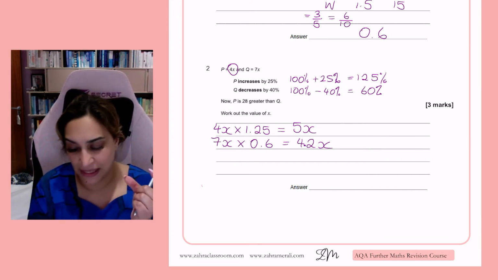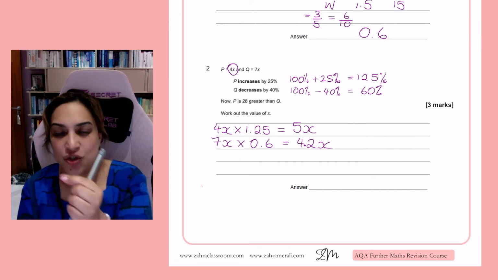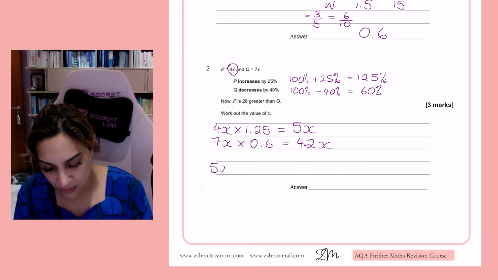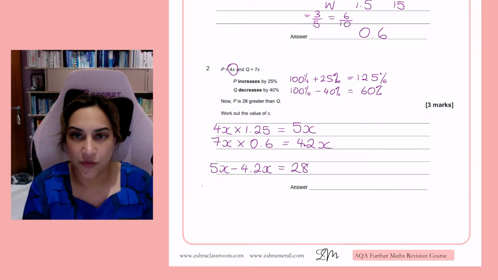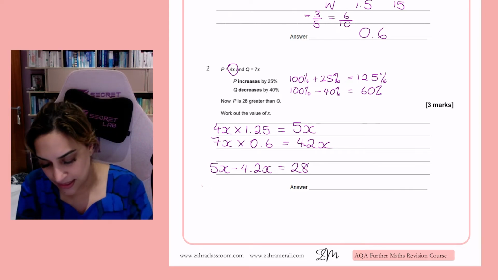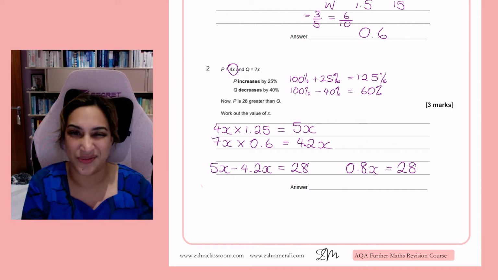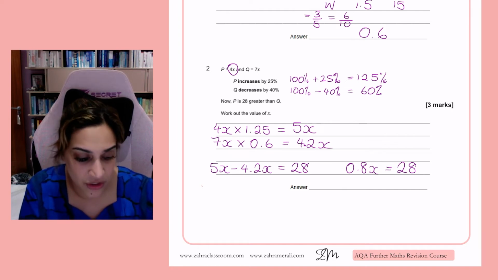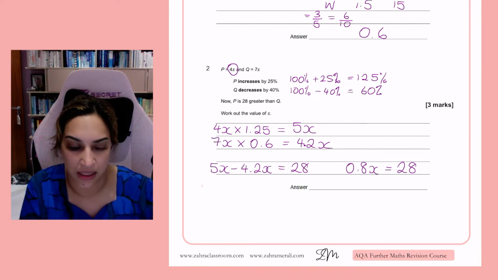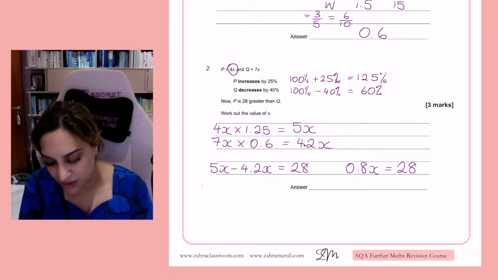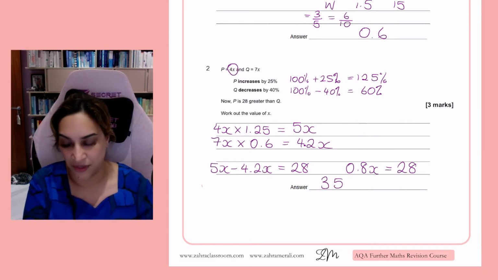We're told that this new P of 5x is 28 greater than Q of 4.2x. So when we take them away from each other, we get 28. 5x minus 4.2x is 0.8x, which is 28. So then all we need to do is 28 divided by 0.8. 28 divided by 8 gives 3.5, but because you've got the 0.8, you times it by 10 and you get 35.